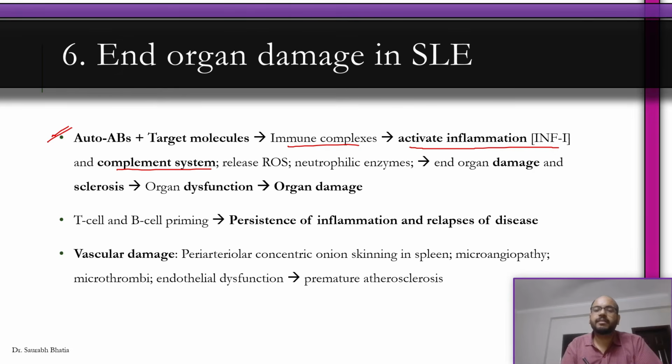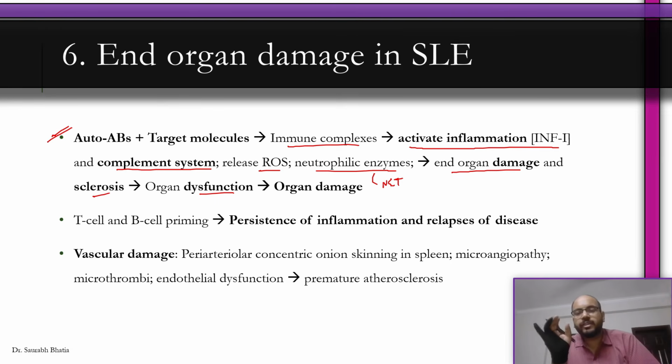These immune complexes can also lead to release of reactive oxygen species and neutrophilic enzymes, majorly through NETs and other processes. All of this leads to inflammation and inflammatory damage to the end organs, and after damage, it leads to scarring, leading to dysfunction of the organ. So in these three lines, I have condensed the pathomechanism of LE, what actually is happening.